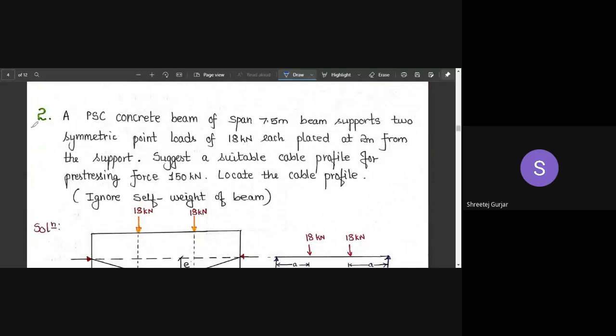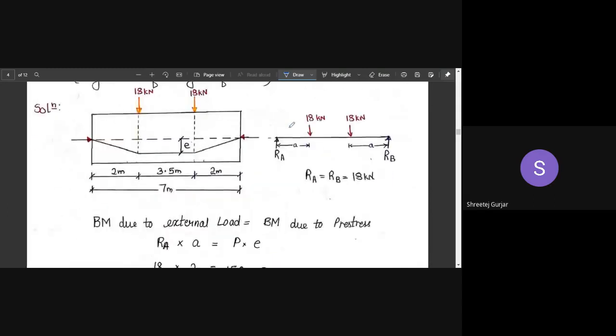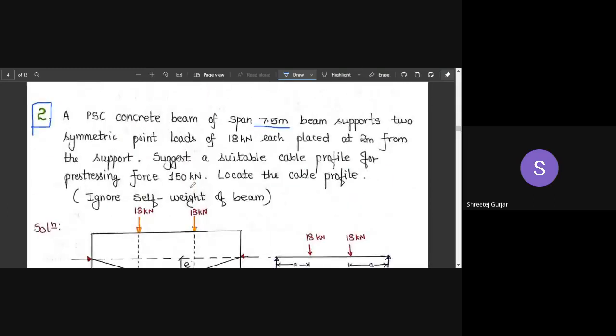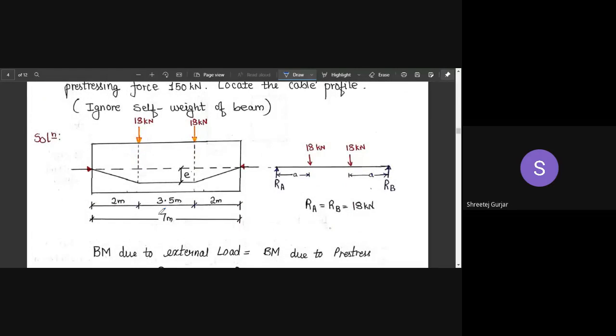Here you have a PSC concrete beam of span 7.5 meters. Sorry, it is 7.5, not 7 meters.